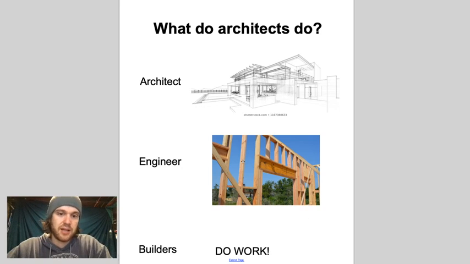So they're taking the ideas and making them safe, making them up to code, making them a reality. They're taking an imaginative design and turning it into a real design. An engineer's not probably building; they're coming and inspecting, making sure people are doing things the correct way. And then you have your builder. So it's this trickle-down effect.